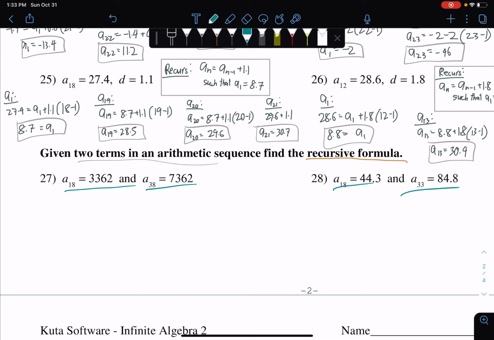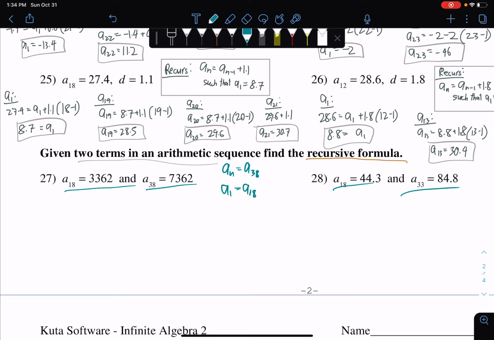As for my solution, in order to solve this, I'll assume that the higher quantity will be the a sub n, and the a sub 18, which is the lower term, will be our a sub 1.